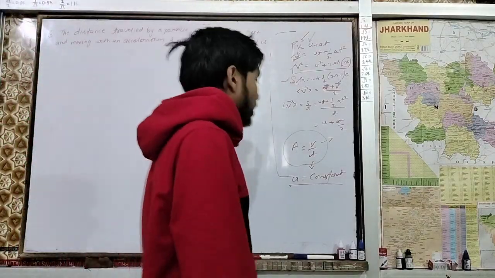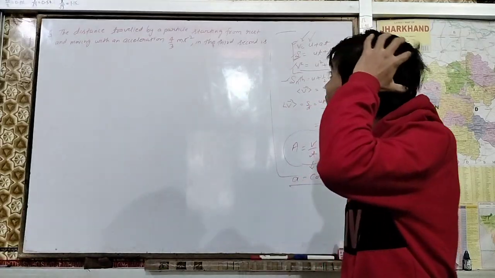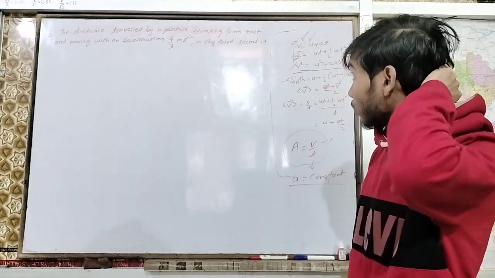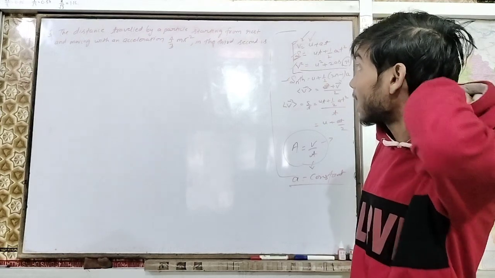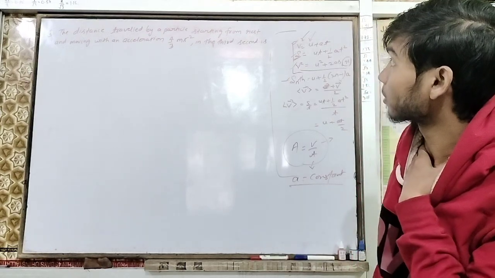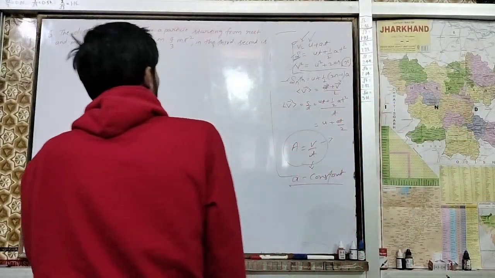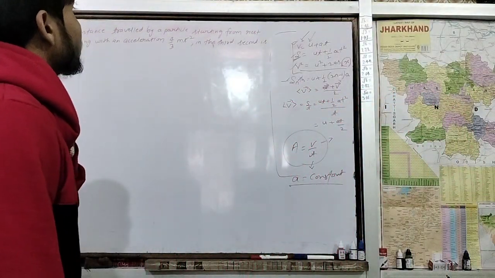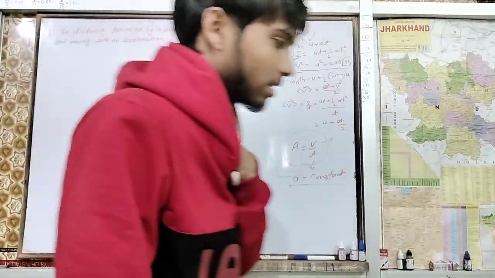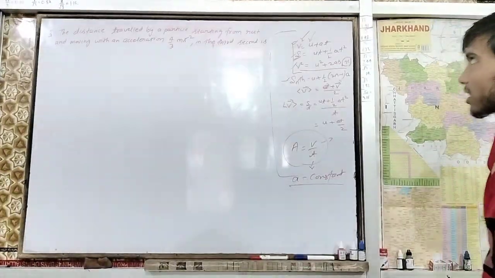So the distance traveled by a particle starting from rest and moving with an acceleration of 4 by 3 meter per second squared in the third second is how much? In the third second.